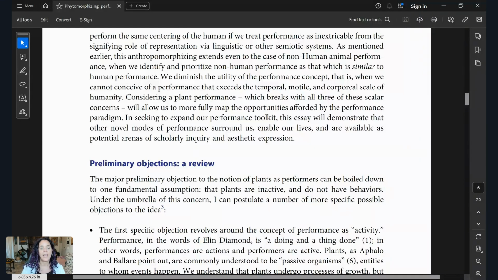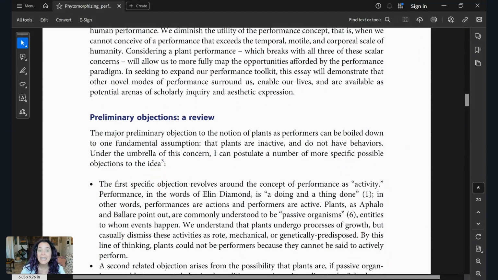When we identify and prioritize non-human performance as that which is similar to human performance, we diminish the utility of the performance concept. That is, when we cannot conceive of a performance that exceeds the temporal, motile, and corporeal scale of humanity. Considering a plant performance, which breaks with all three of these scalar concerns, will allow us to more fully map the opportunities afforded by the performance paradigm.